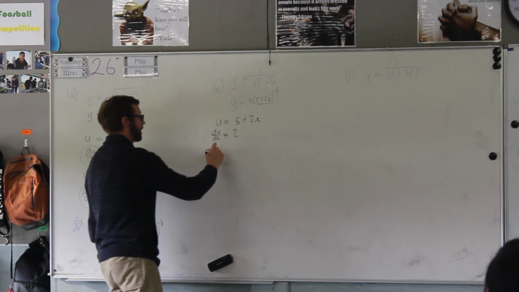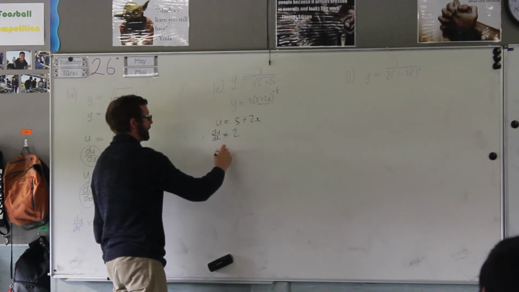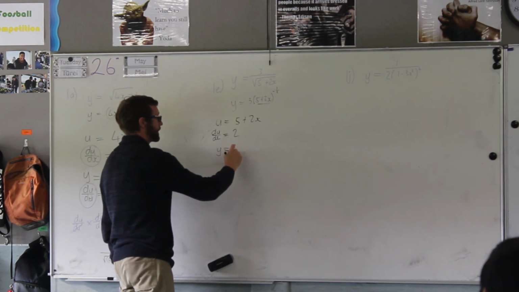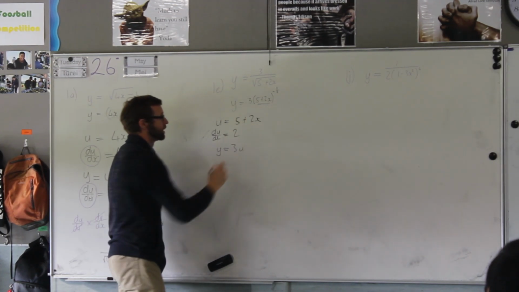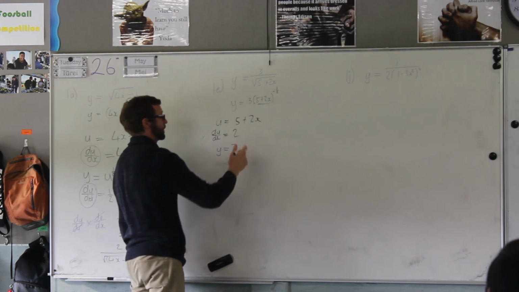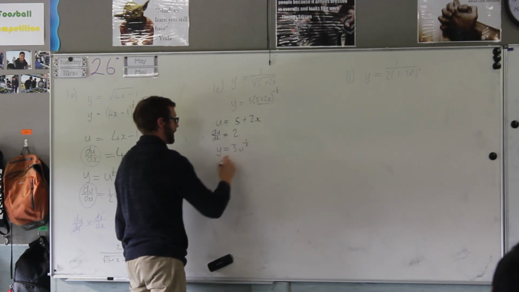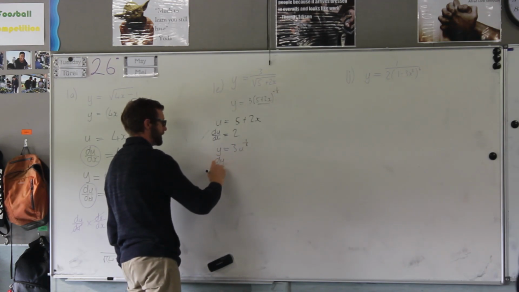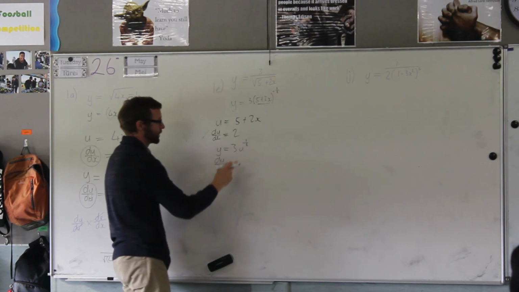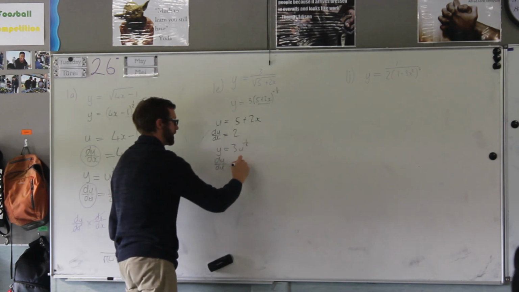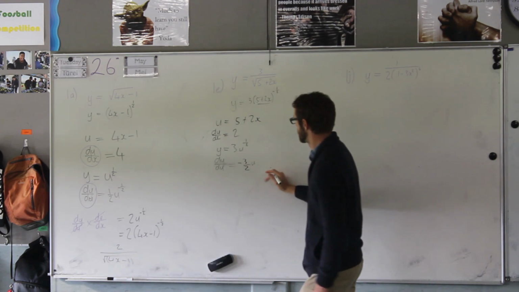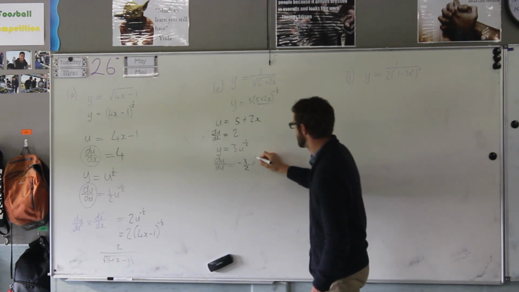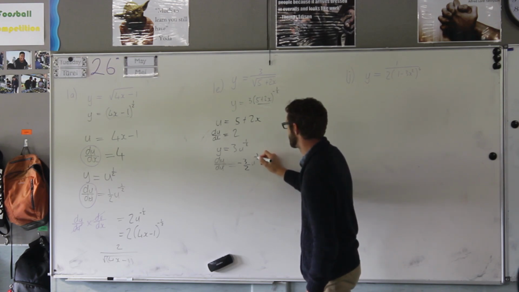And then we say y equals 3u to the minus 1/2. And therefore dy du equals negative 3 over 2, and then u drops down to the power of negative 3 over 2.